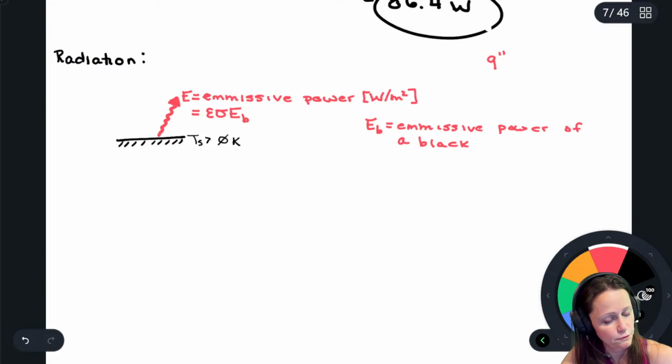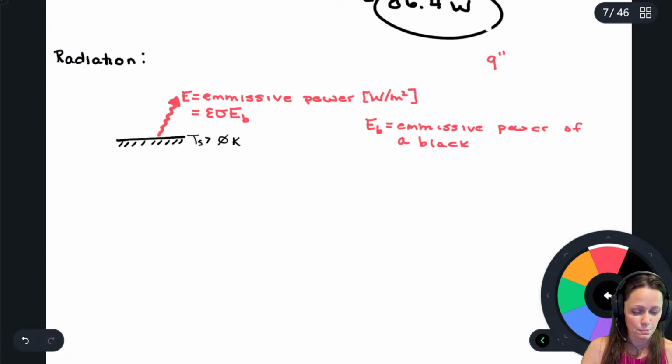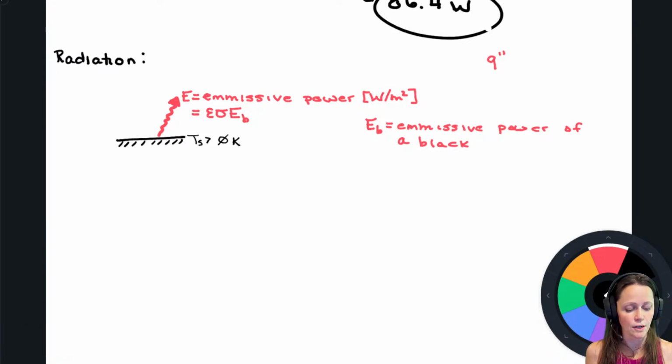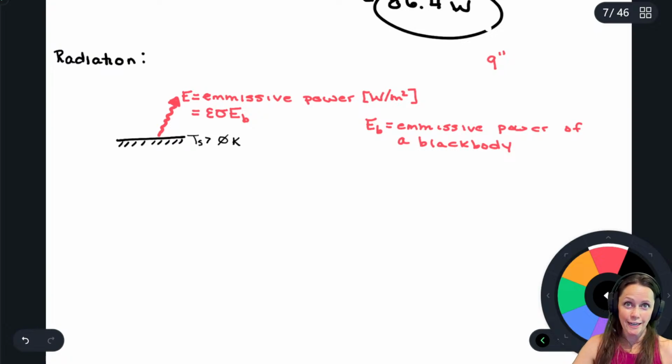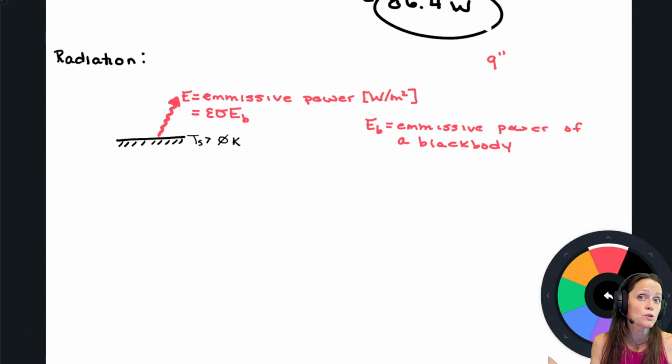It's a perfect absorber, perfect emitter of radiation. So a black body at a given temperature is going to emit the most radiation possible due to thermal radiation, due to it being at that particular temperature above absolute zero.